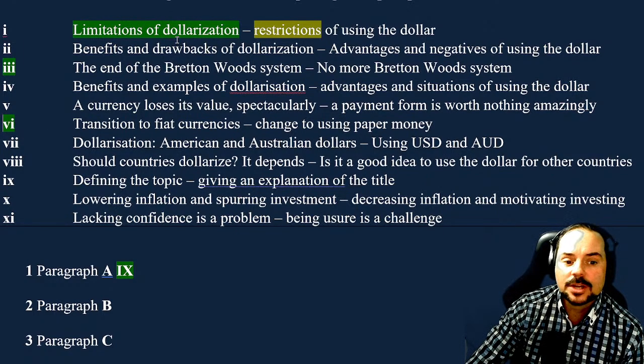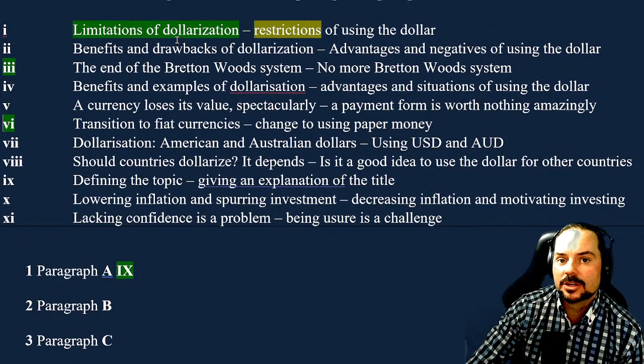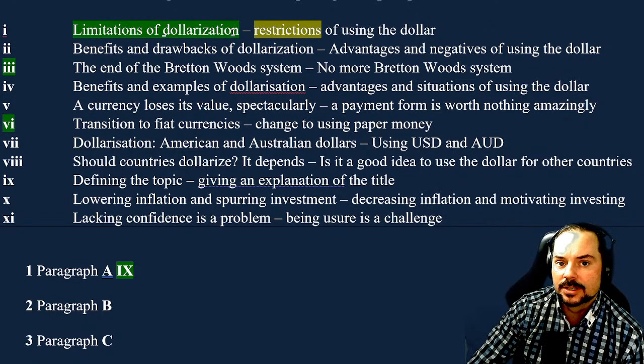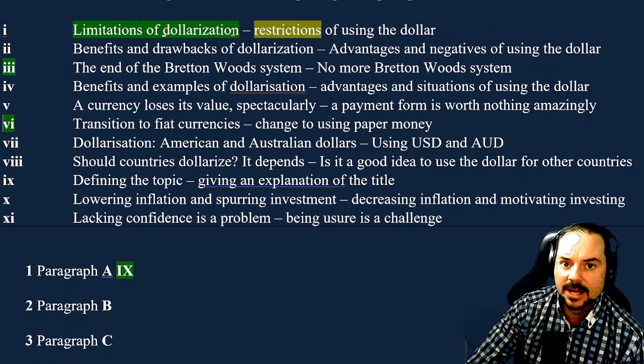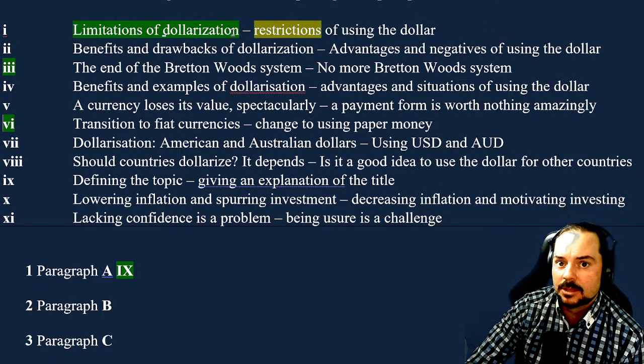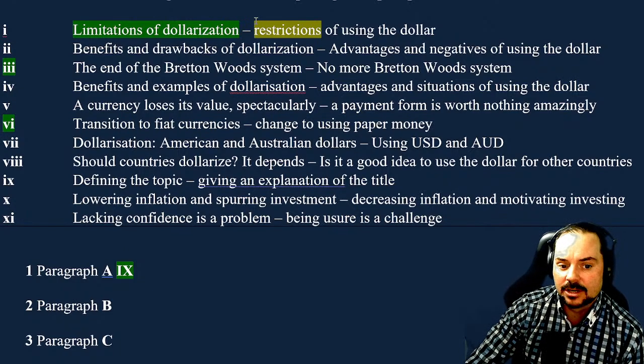Yeah, very good. Transition to fiat currency literally means that your currency is no longer tied to the value of gold. Fiat currency means that the currency's value is tied to the belief of the people. So if the people believe that it has value, it has value. That's what fiat currency means.